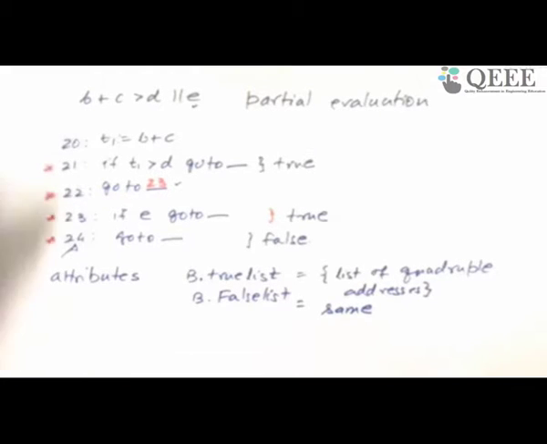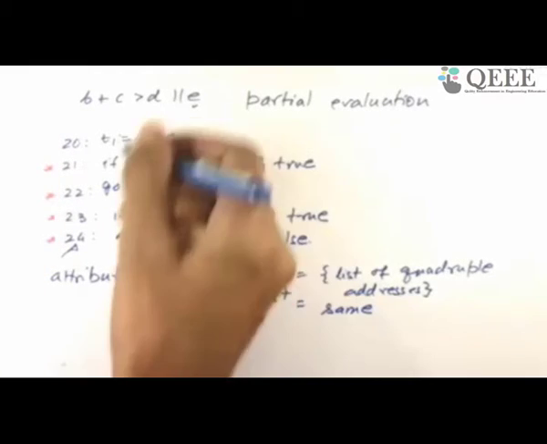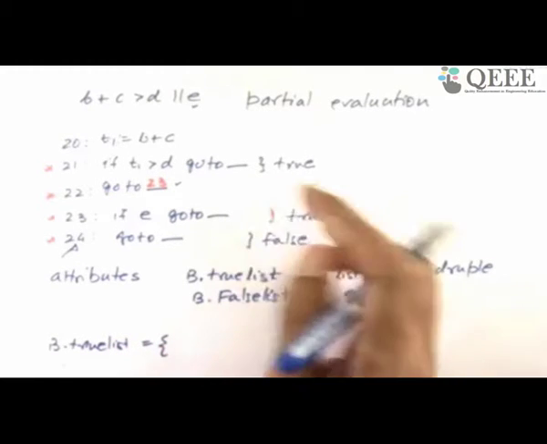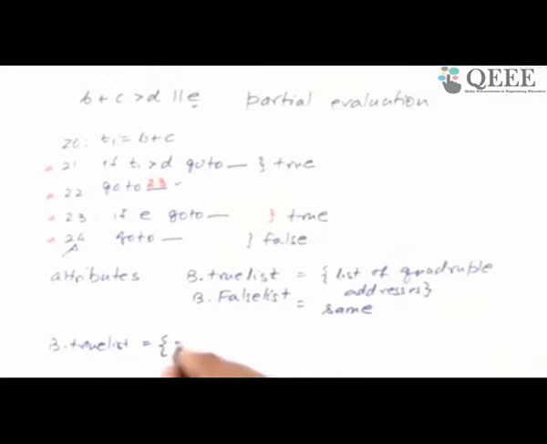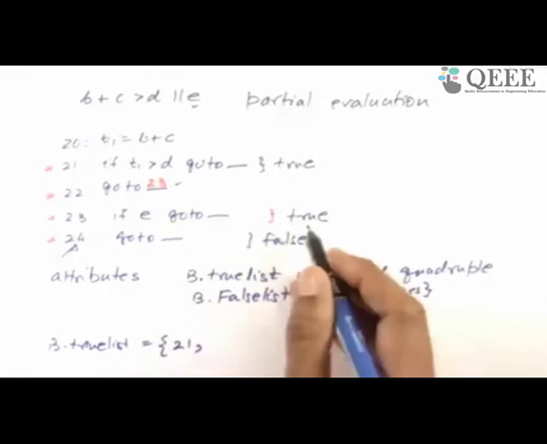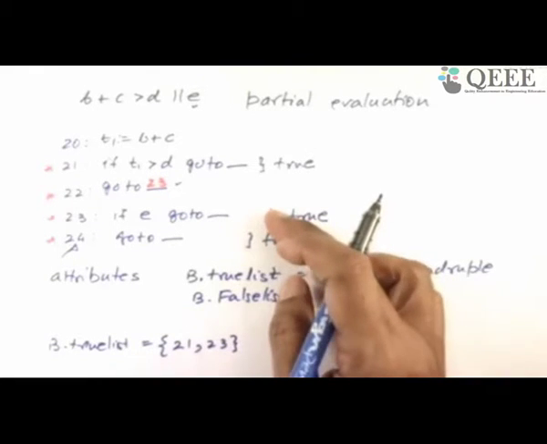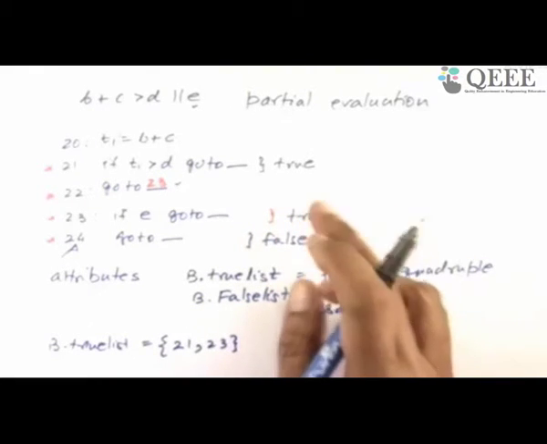So when I resolve this whole statement, we will say for this B, the whole expression has gone down to B. My B.TrueList is what? All those statements where the expression evaluates to true, which is 21, 23. I don't know where to go, but I know where I should fill it in when I know it.